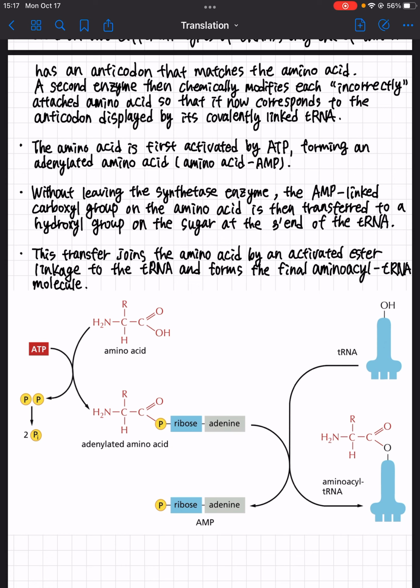The linkage of the AMP, normally an unfavorable reaction, is driven by the hydrolysis of the ATP molecule that donates the AMP. So without leaving the synthetase enzyme, the AMP-linked carboxyl group on the amino acid is then transferred to a hydroxyl group on the sugar at the 3' end of the tRNA molecule. This transfer joins the amino acid by an activated ester linkage to the tRNA and forms the final aminoacyl-tRNA molecule.